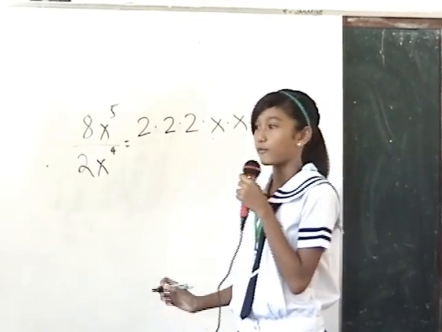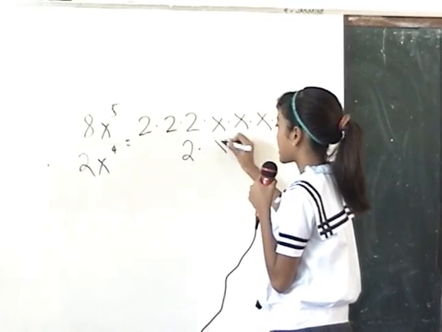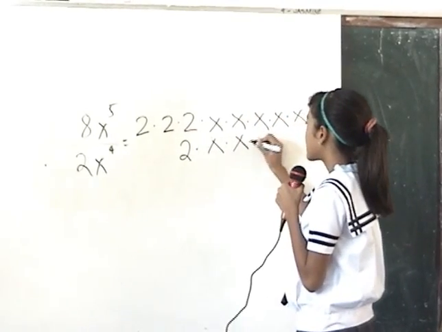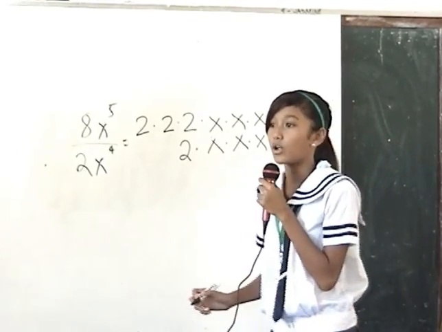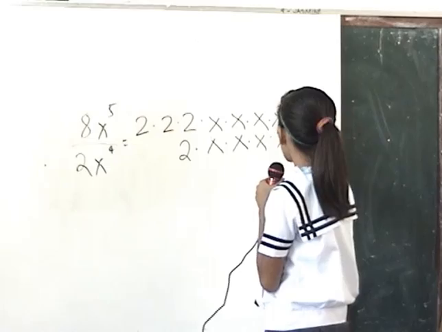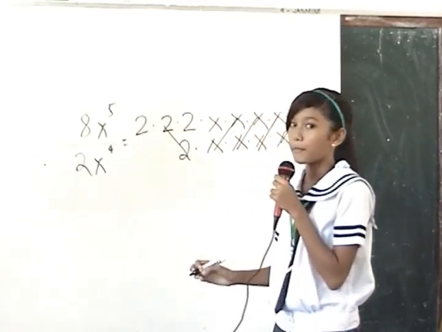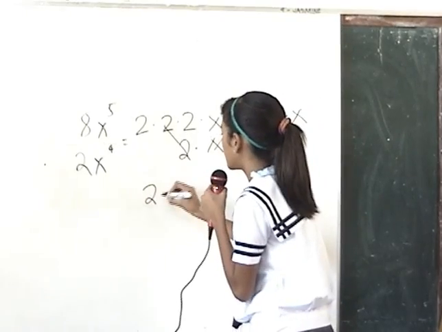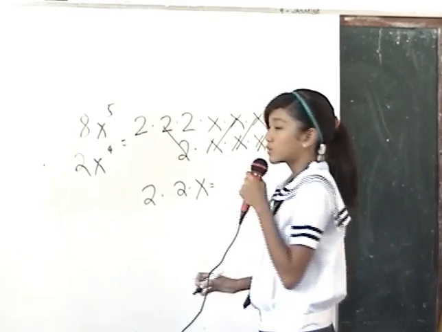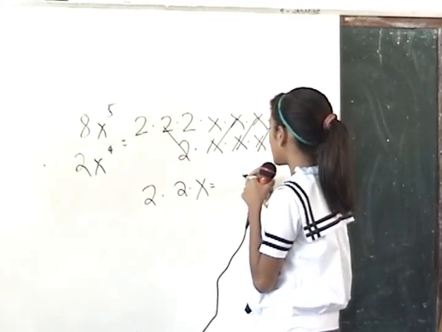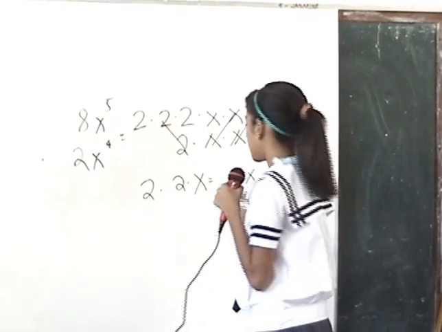And 2x to the 4th power is equal to 2 times x times x times x times x. Cancel all the common factors. Copy the remaining factors. 2 times 2 times 2. 2 times 2 times 2 is equal to 4x. Now, we get 4x as the quotient.